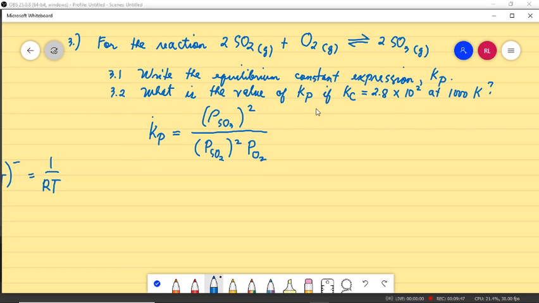3.2, what is the value of K sub P if K sub C is equal to 2.8 times 10 to the power of 2 at 1000 Kelvin?